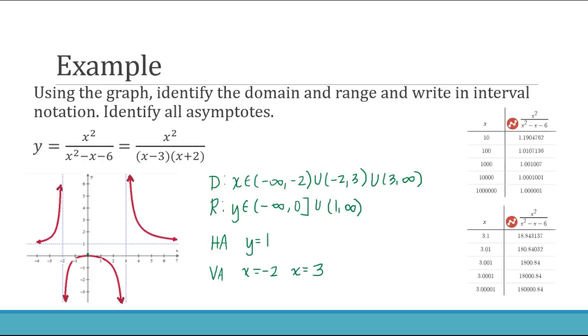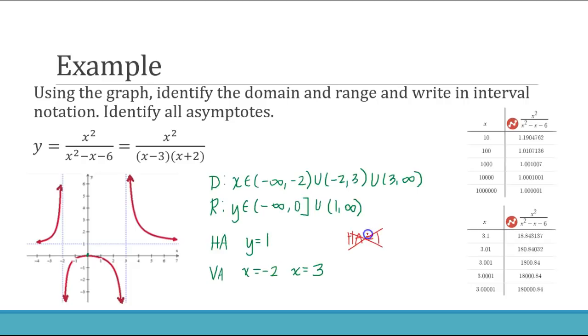So just a quick warning, make sure that we never end up writing out HA equals 1. We have to write y equals to express that it's a horizontal line, and x equals to express that it's a vertical line.